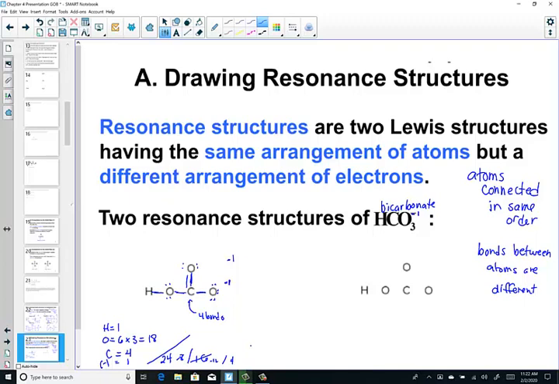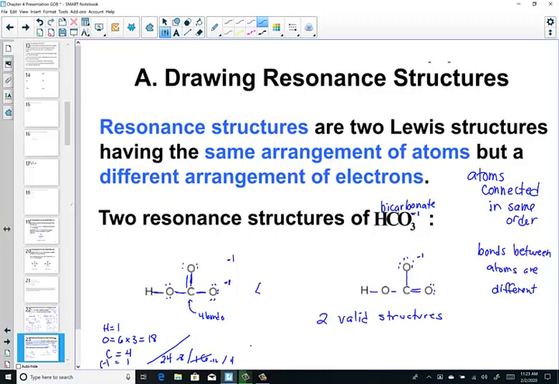But you know, an equally valid choice? I could have placed the double bond leading out to the oxygen from the far right and a single bond leading up to this oxygen, and put the -1 charge up on the oxygen up high. These are 2 valid structures for this polyatomic ion called bicarbonate. I did a resonance structure.